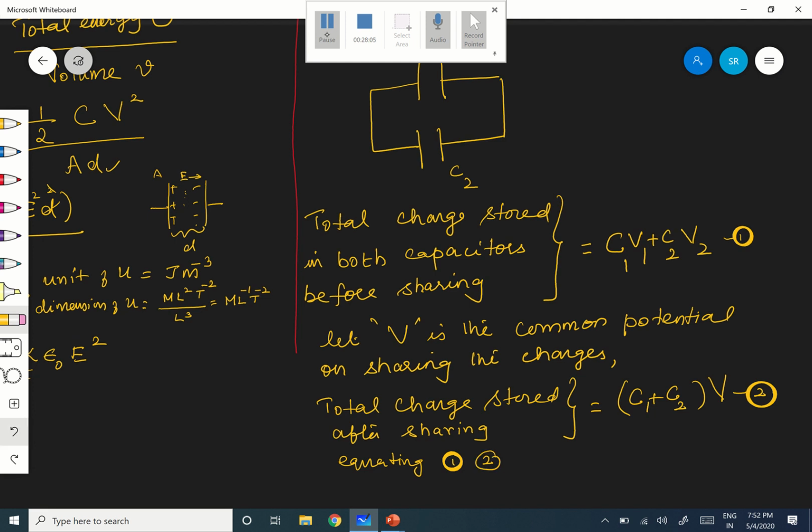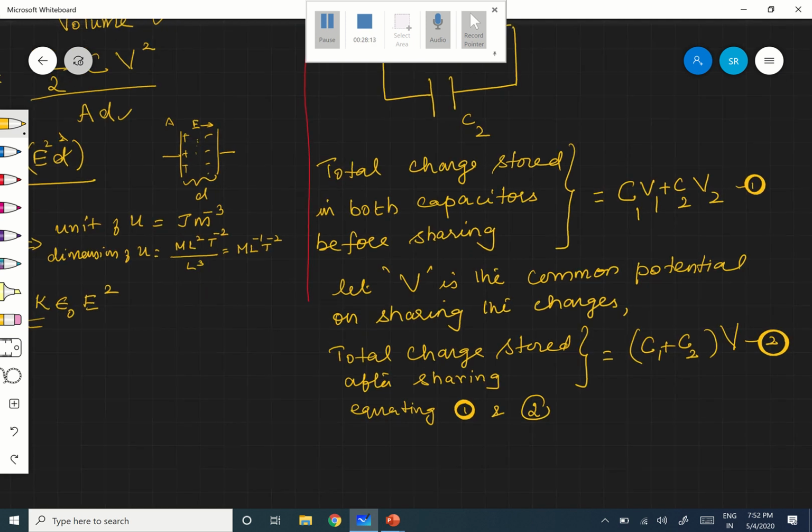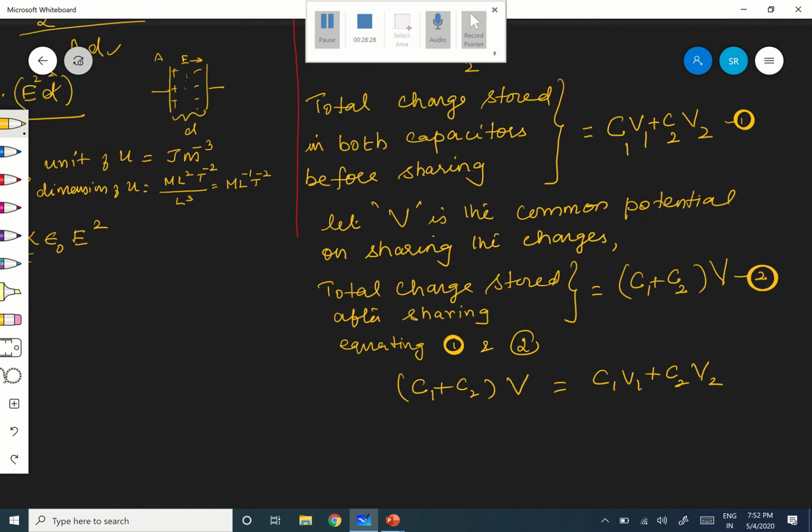So C1 plus C2 into V, which is equation number 2, is equal to C1V1 plus C2V2. Fine. Therefore, what is the expression for common potential?